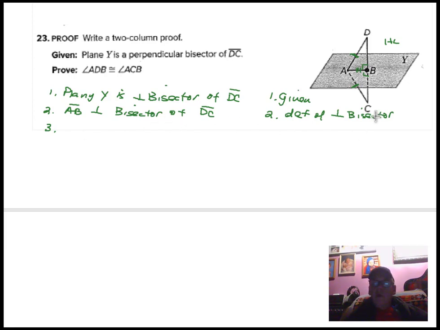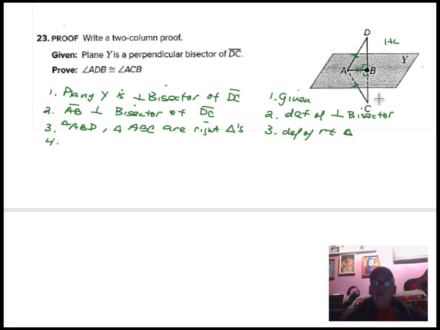Okay, so we got that's the perpendicular bisector. So it gives us that triangle ABD and triangle ABC are right triangles. Definition of right triangle.